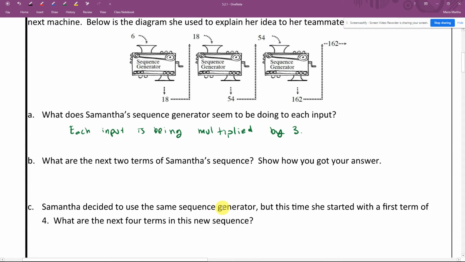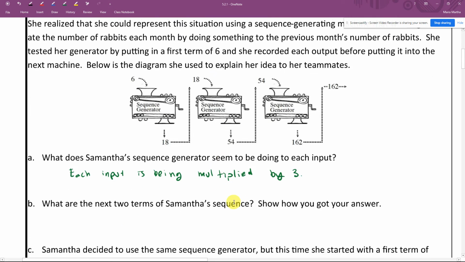What are the next two terms in Samantha's sequence? One of the things we can do here is just multiply. So we have a new machine here. This one's going to accept 162, and we know 162 times 3 gives us 486.